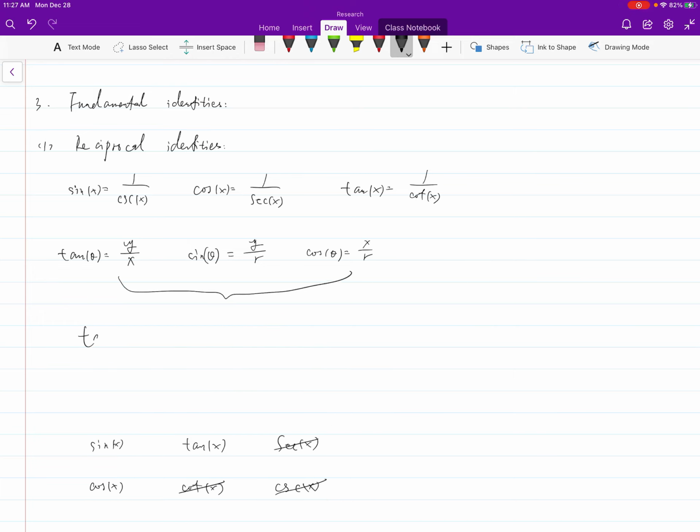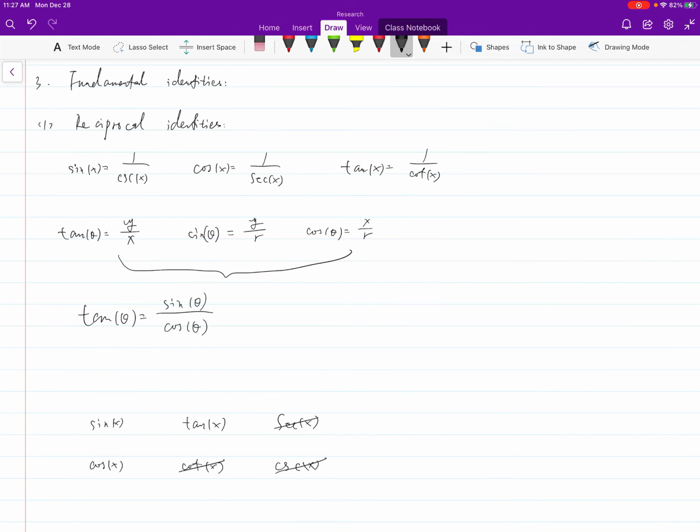So all these implies 2 additional reciprocal identities. You take sine over cosine, you have y over r divided by x over r, which is y over r times r over x, which is y over x, which is exactly tangent. You can verify by yourself.